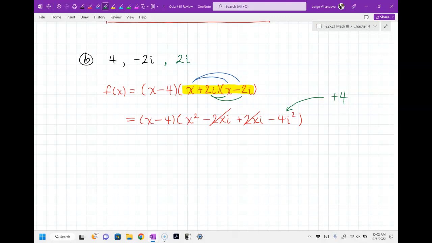That's going to become a positive 4, and I'm going to show you the work here. Because you remember, I'm just going to put a real quick recall. i squared is negative 1. So just a little bit of notes on the side, just so you know why we're going to write a plus 4 right now. So this is x minus 4 times x squared plus 4.